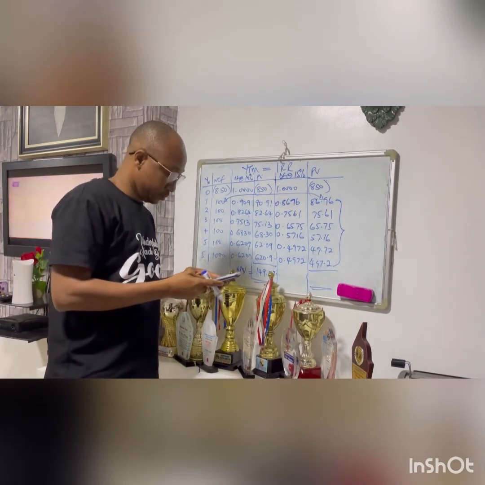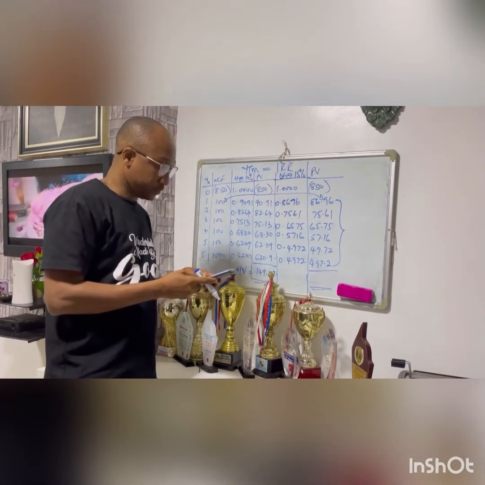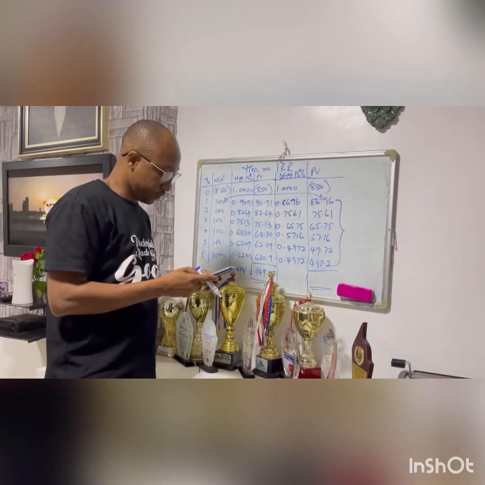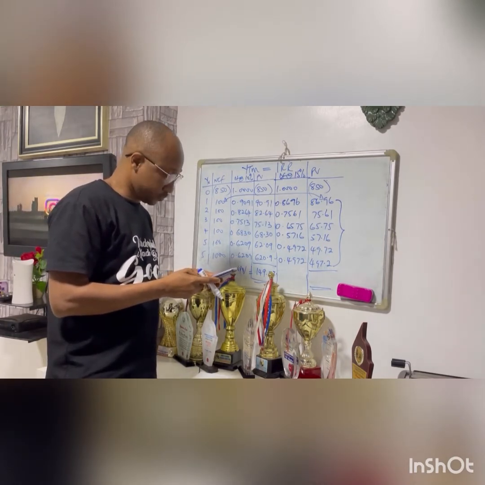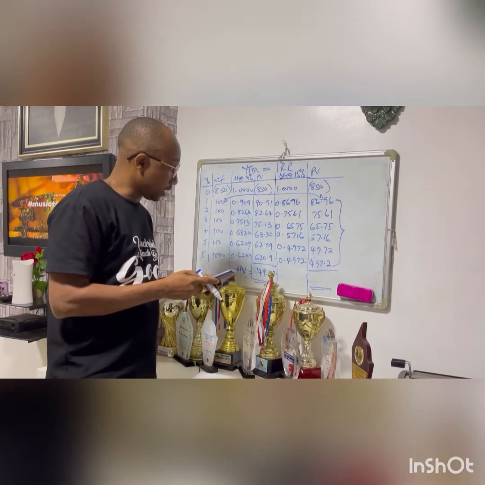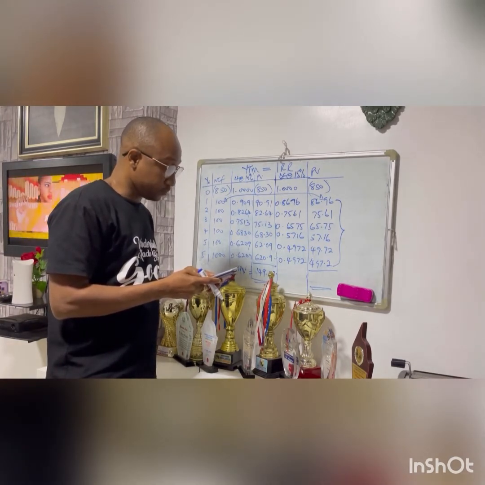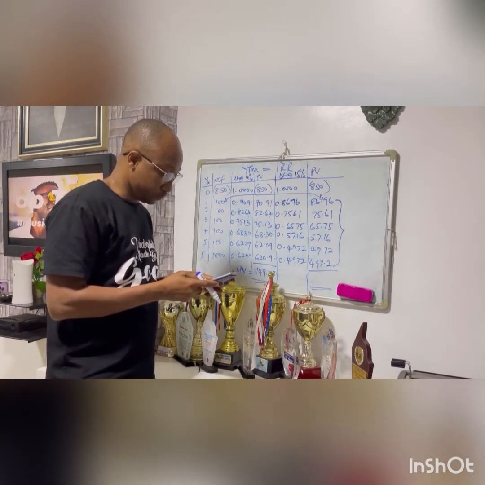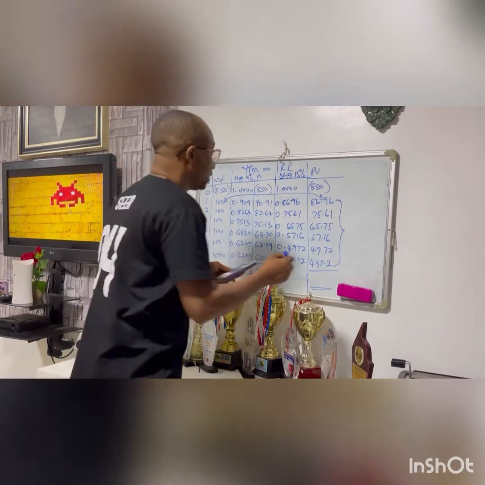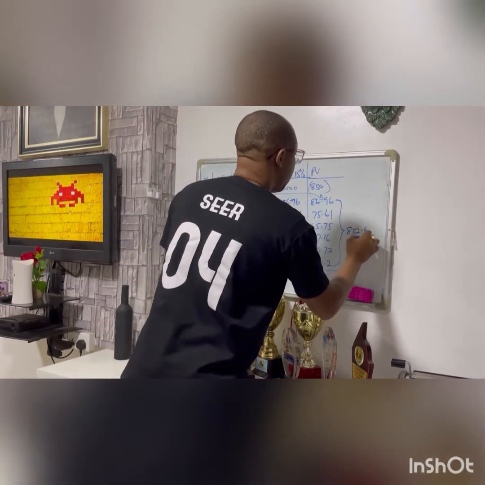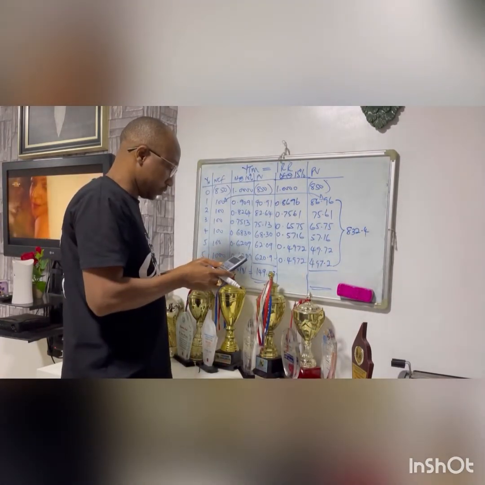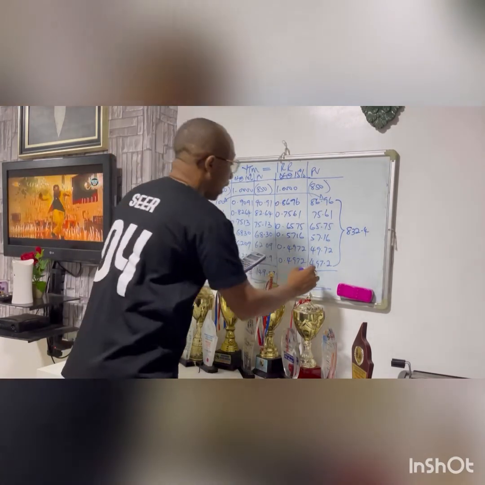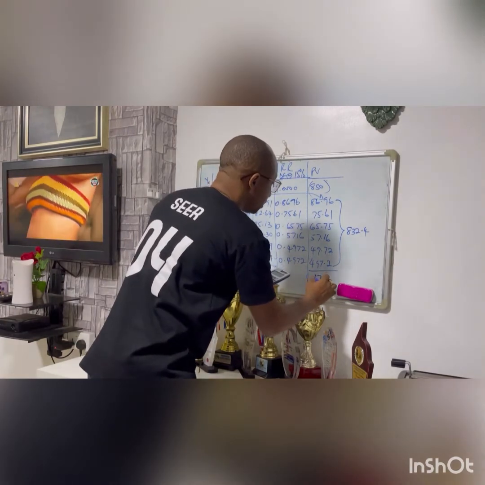It's 86.96 plus 75.61 plus 65.75 plus 57.16 plus 49.72 plus 497.2. So that gives me 832.4. So if I subtract 850 from my answer, I will have 17.6 negative.